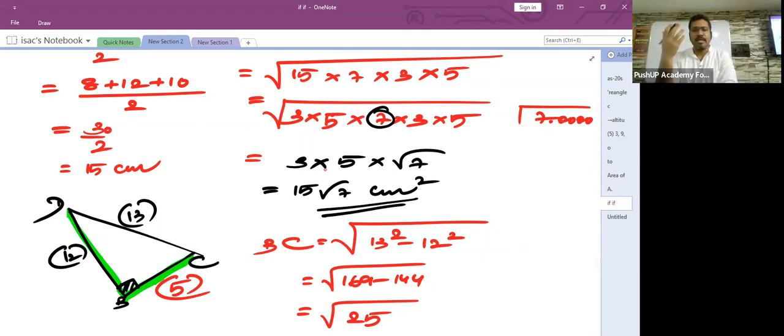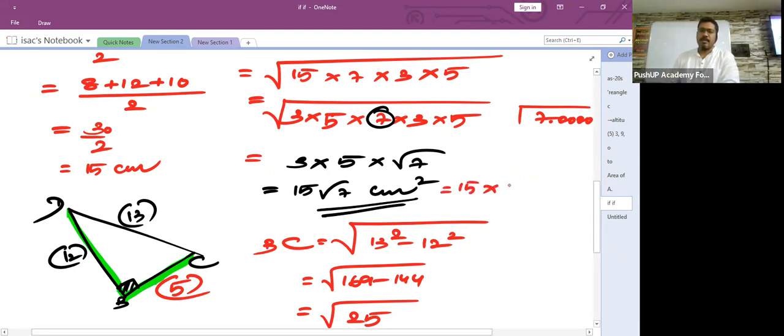Acha, what is the decimal value of root 7? 2.67 or something. All right. So if they want us to write the decimal value, listen to this part very carefully, Sarah.